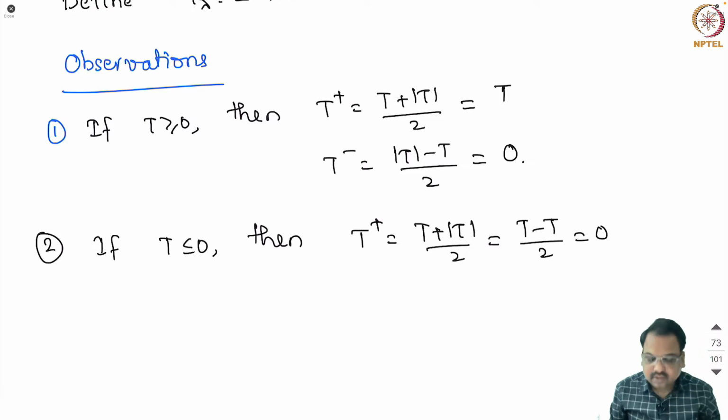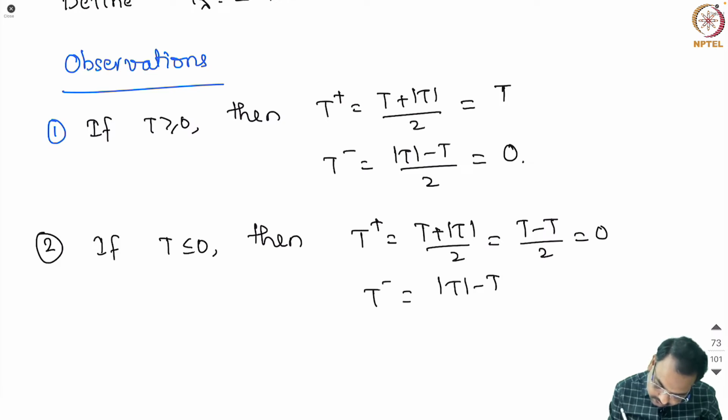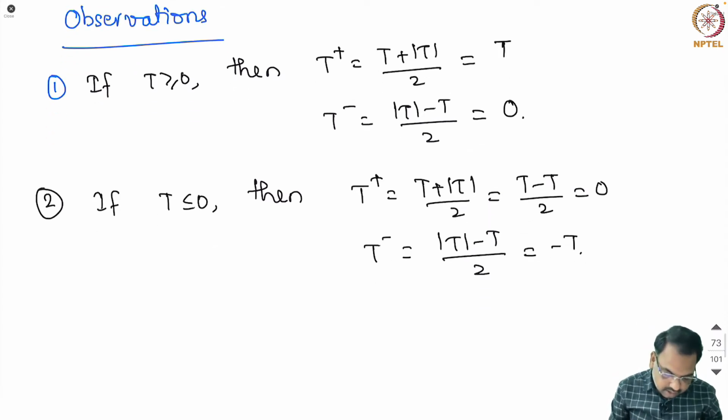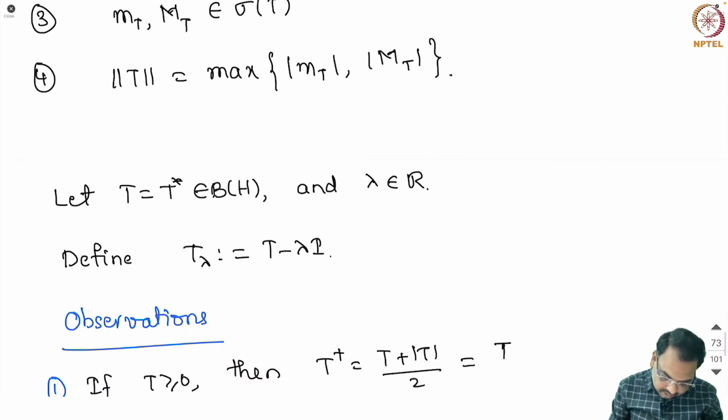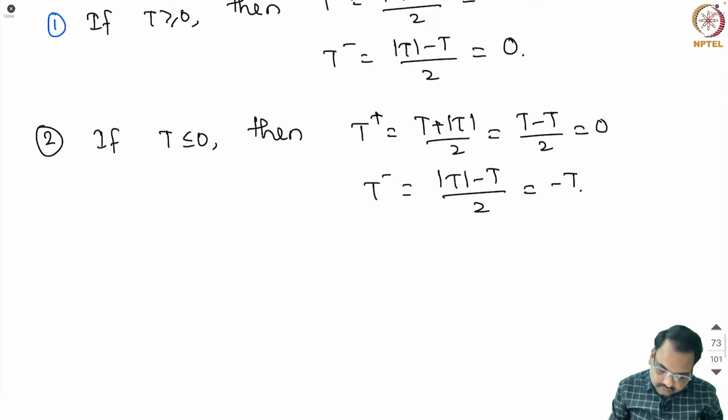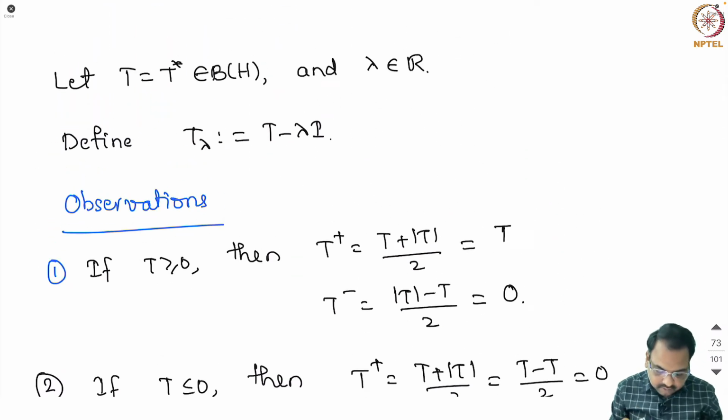And T minus is (mod T minus T) by 2, which gives minus T, a positive operator. Similarly, for lambda in R, we can show that if T lambda is positive, T lambda plus is T lambda. If T lambda is negative, T lambda minus is nothing but minus T lambda.